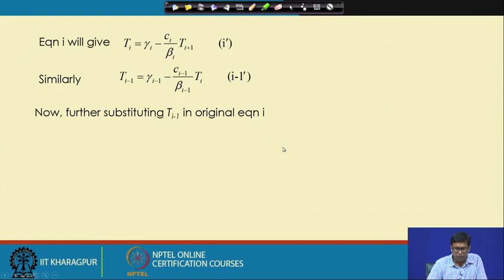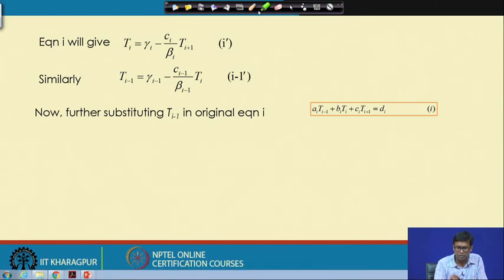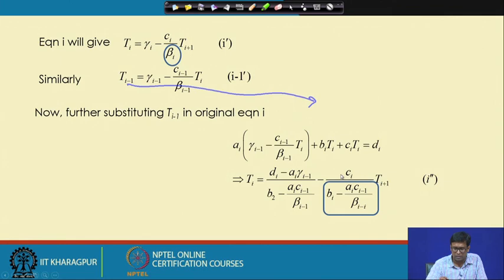Now, if we further substitute this Ti minus 1 into the original equation i, which is Ai Ti minus 1 plus Bi Ti plus Ci Ti plus 1 is equal to Di, we get Ai into the expression for Ti minus 1 plus Bi Ti plus Ci Ti plus 1 is equal to Di.